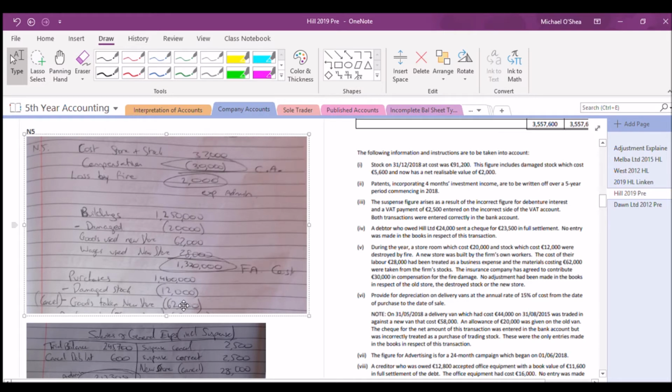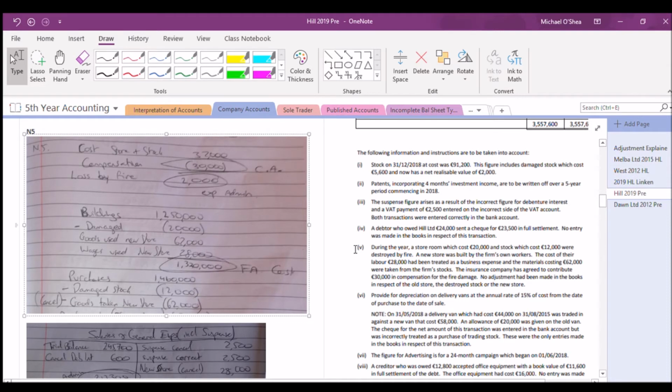So what they've done is they've added the 62,000 here to purchases, and we're going to take it away, cancelling the goods taken for the new store. The new purchases they would have got in for this new building were treated as the firm's stock. They shouldn't have been, so we're going to cancel them. So the 62,000 is going to come out of purchases. It's got nothing to do with it.